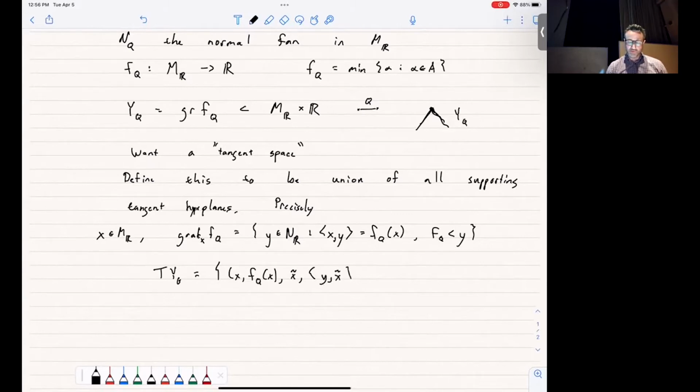Take the graph of any of the gradients. So y is in NR and x is in MR. So it's just the evaluation. Here x and x tilde are any two vectors in MR, and y is an element of the gradient.